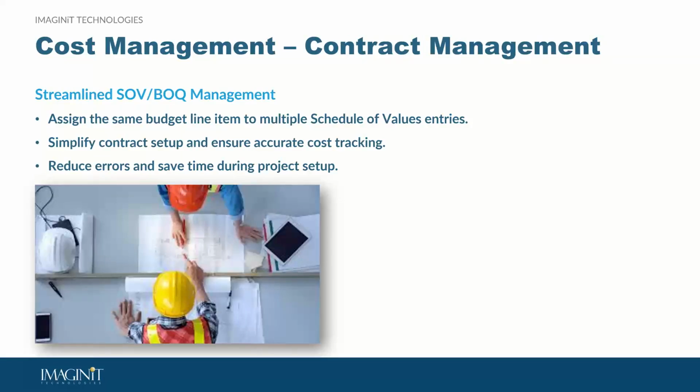All right, moving along to some contract management. We can now review our schedules of values and bills of quantities more easily, and we are able to tie multiple SOVs to a single budget line item. So this is very simplified.